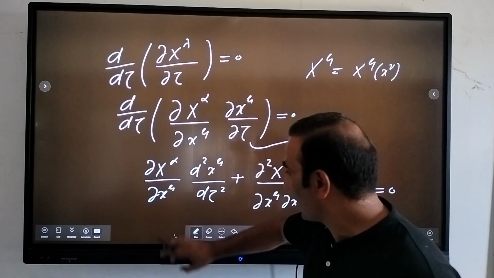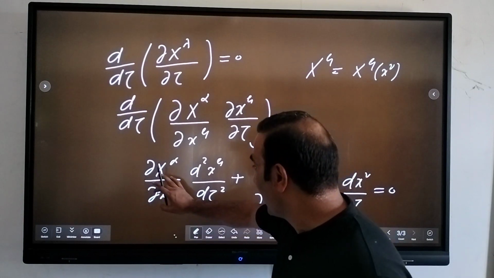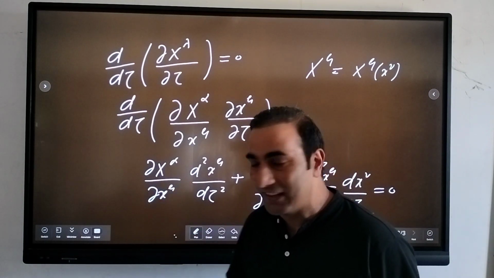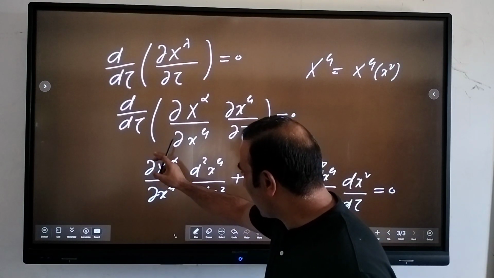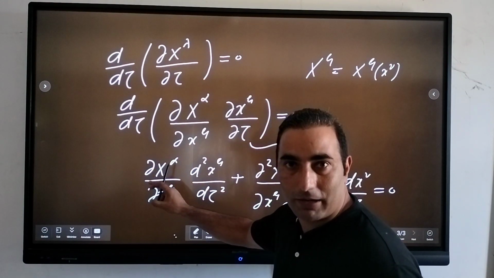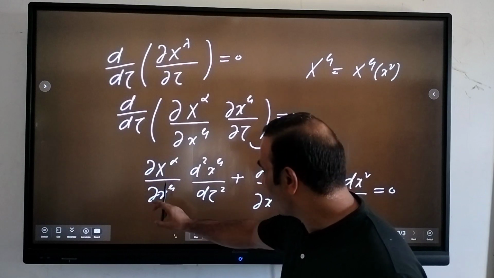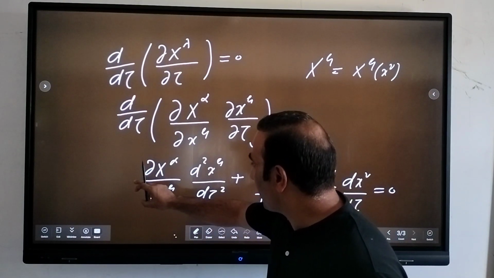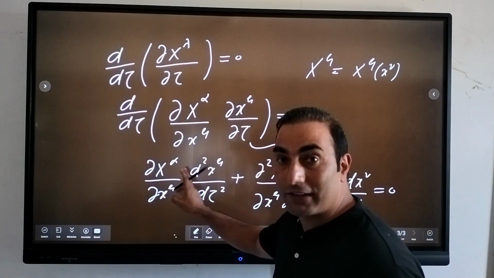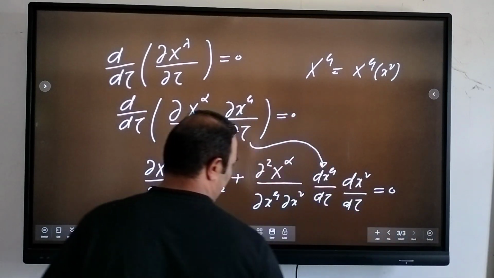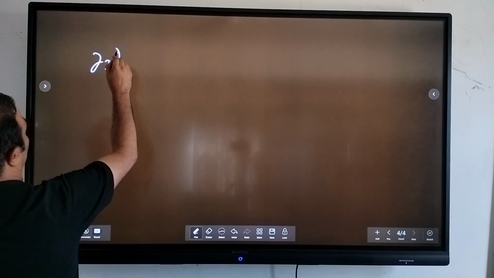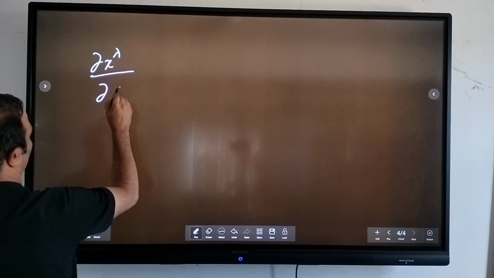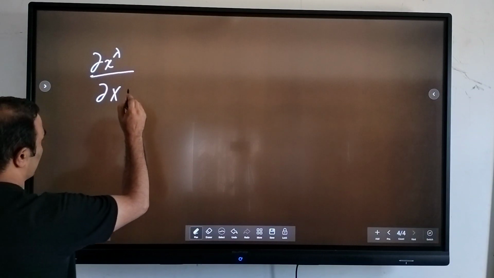But I cannot write it in terms of delta, because this is capital X and this is small x, right? So what I can write here is to multiply by the inverse of this transformation matrix. Instead of this, I will multiply here by partial x something divided by partial capital X. So I can rewrite this as partial x lambda, partial x alpha.